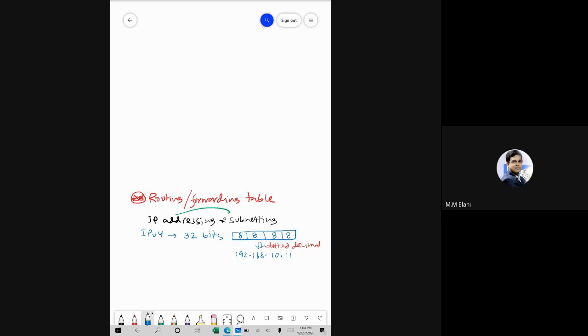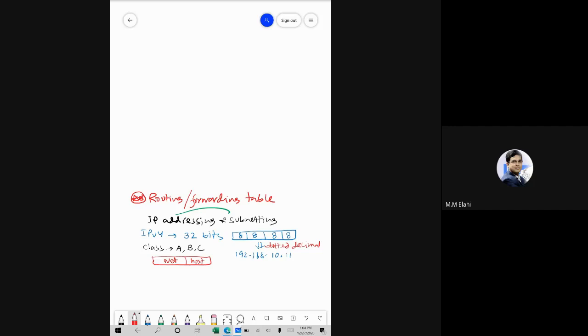Four equal parts. Another thing we have to understand is that there are in fact 5 classes, but we'll deal with only A, B, and C. The difference is in the number of network bits and the number of host bits.